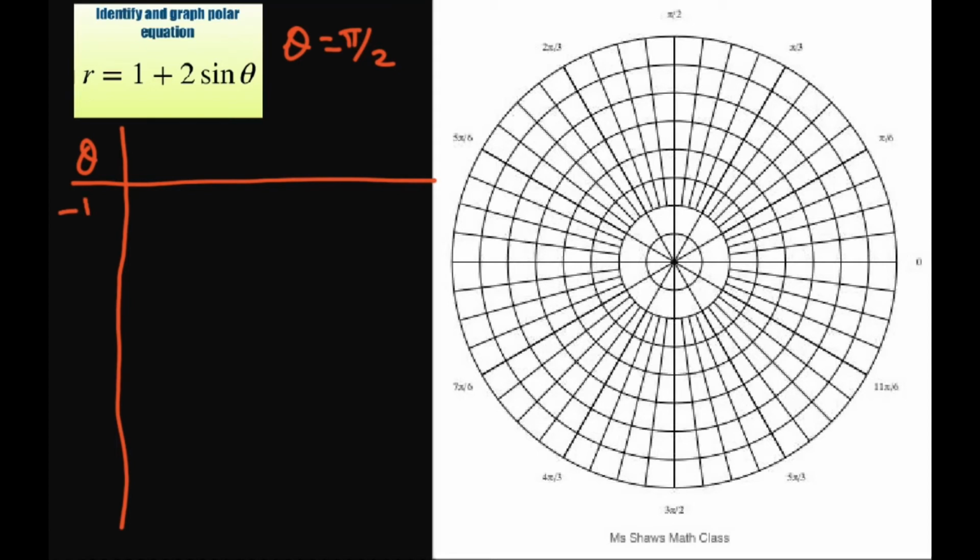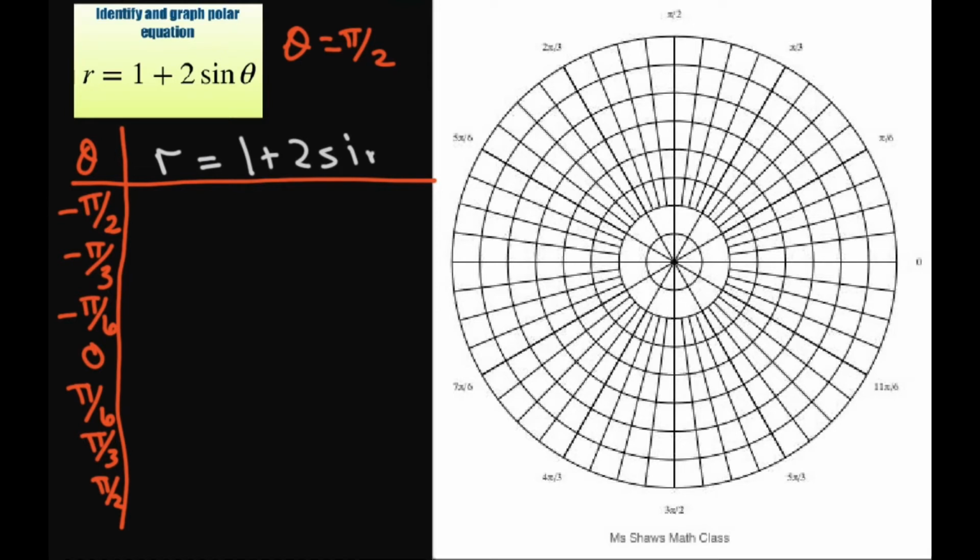We have negative pi divided by 2, negative pi divided by 3, negative pi divided by 6, 0, pi divided by 6, pi divided by 3, and then pi divided by 2. And we're trying to find our r value by substituting that in. And our r is 1 plus 2 sine of theta. So let's evaluate all this.